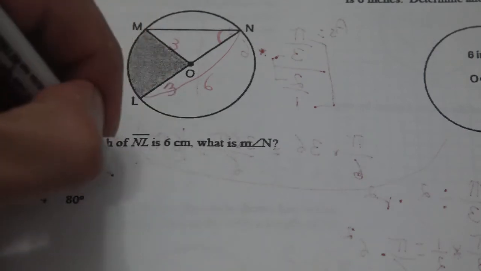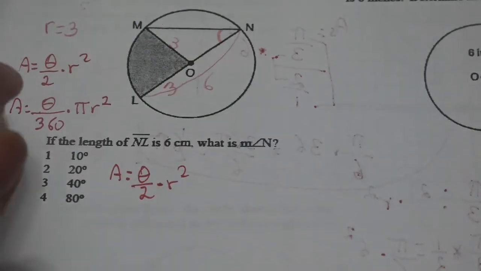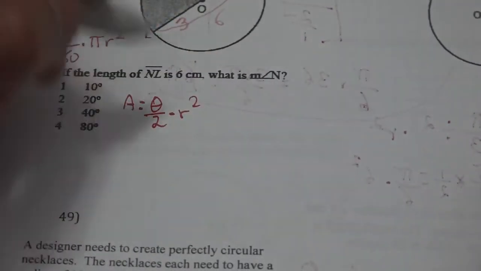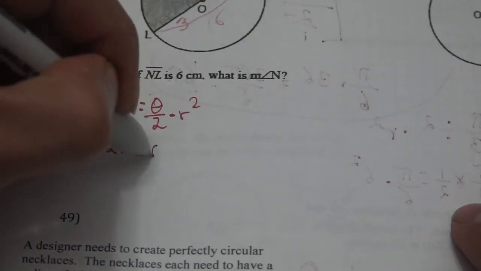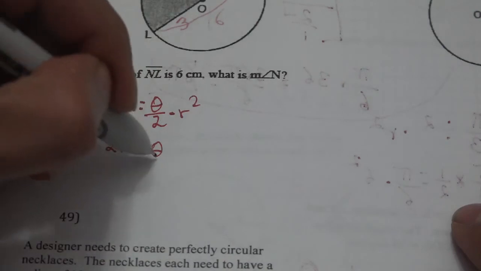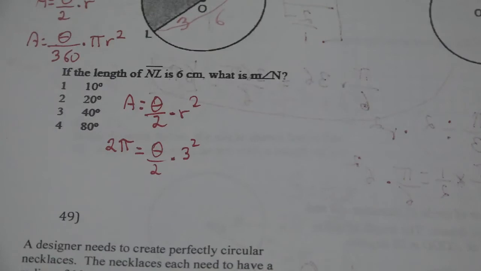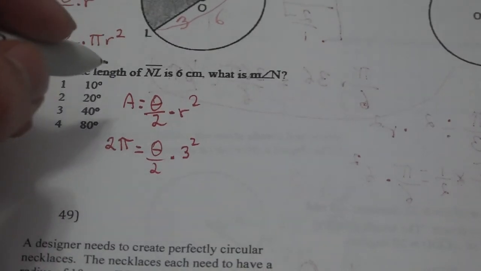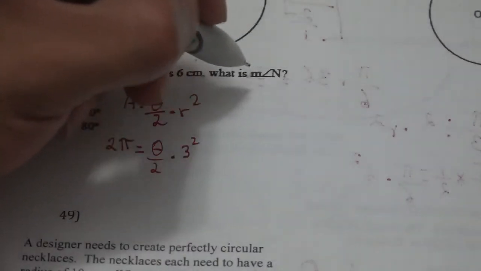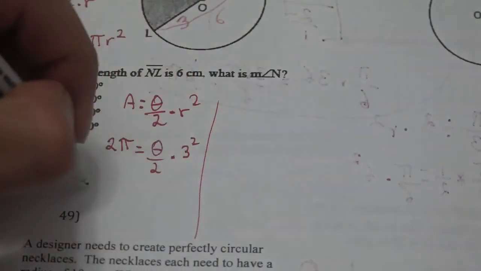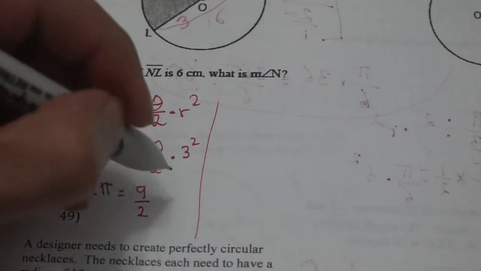So area equals theta over 2 times r squared. Area, 2 pi, is equal to the angle, which they're not giving me, divided by 2 times r squared. So now, when I do all this, I get 2 pi is equal to 9 over 2.